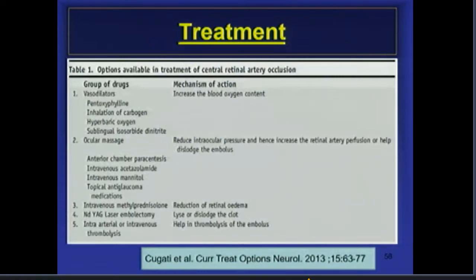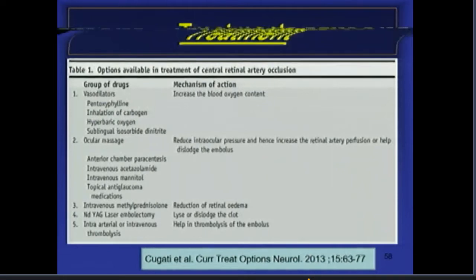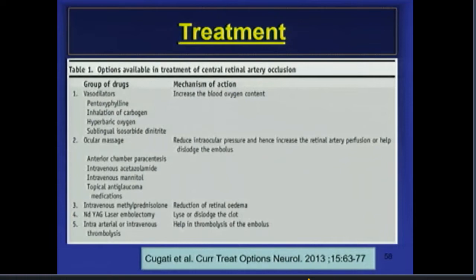So the options available in treatment of central retinal artery occlusion: we have the group of medications like the vasodilators, pentoxifylline, inhalation of carbogen, hyperbaric oxygen, and sublingual isosorbide in suspected patients. This leads to increased blood oxygenation.